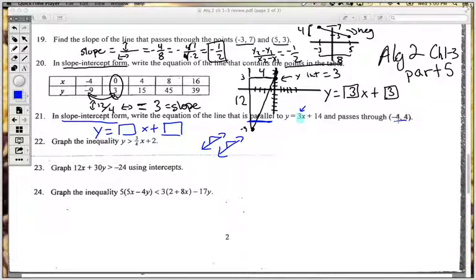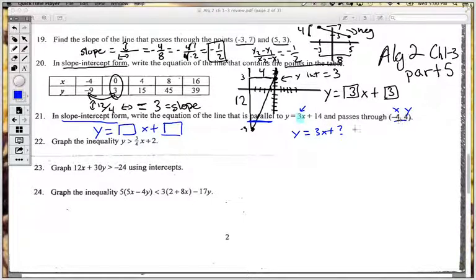All right, so there's a couple of things that we could do to figure this out. I'm going to try something different here. I noticed that I have y equals 3x plus, I don't know, I don't know what the y-intercept is. But I do know this x and y coordinate are on that line. So I could plug that x and y into this equation.